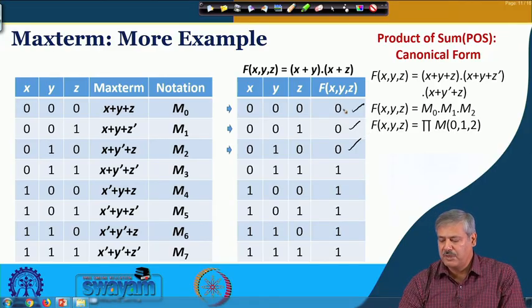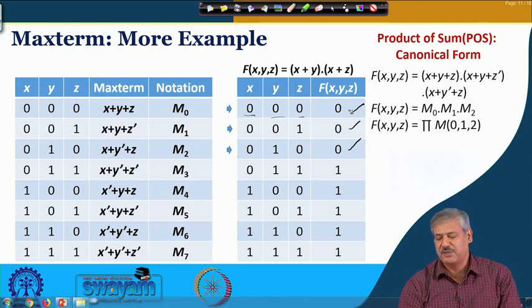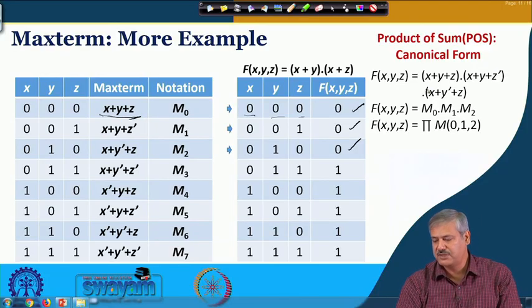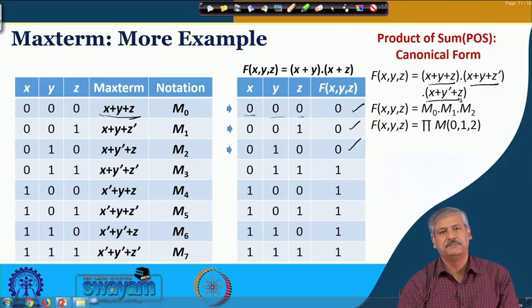So, we have to see how each Maxterm is represented. 0, 0, 0 are the values of x, y, z for the first Maxterm M0. So, this is nothing but x plus y plus z. Next one is x plus y plus z prime and the third one is x plus y prime plus z.